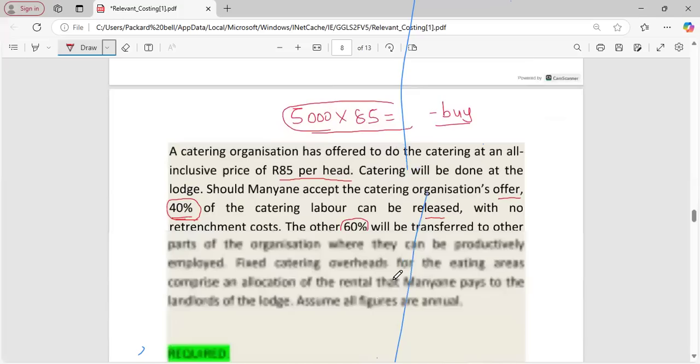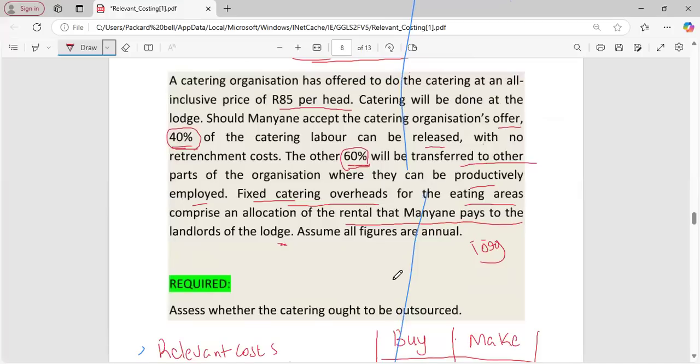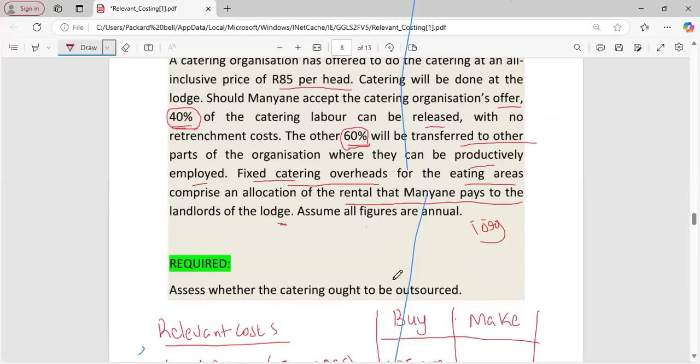Because this rent is already allocated to what these guys pay. The rental which they already pay is where this fixed catering overhead is. So that 80,000 is already part of the rental which they are paying. So it means it's not going to be relevant in this decision.